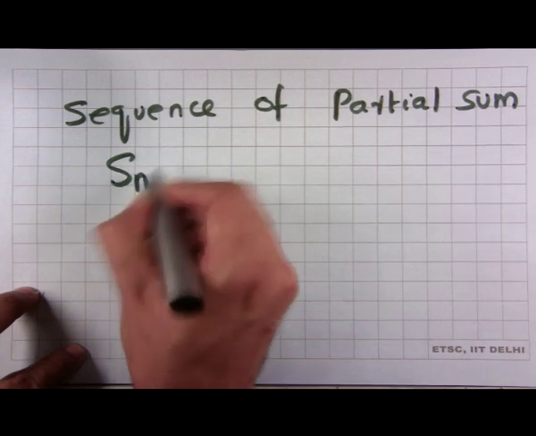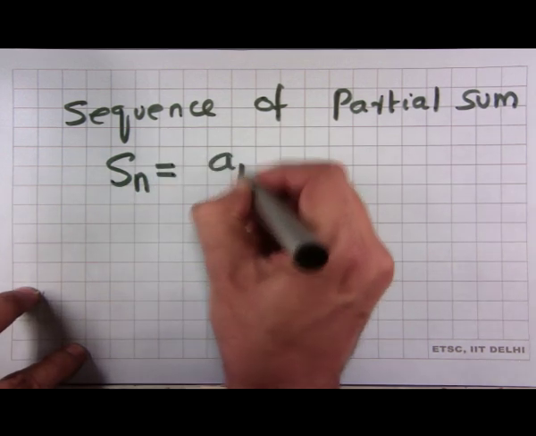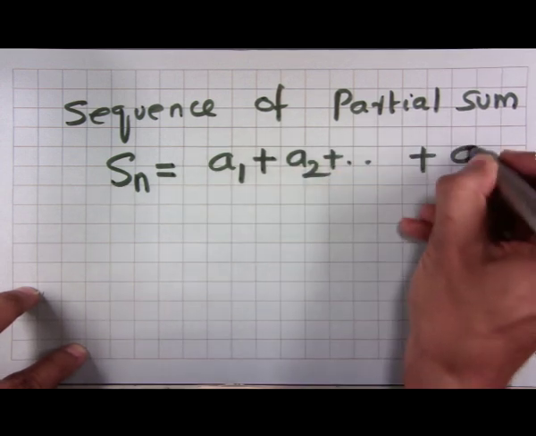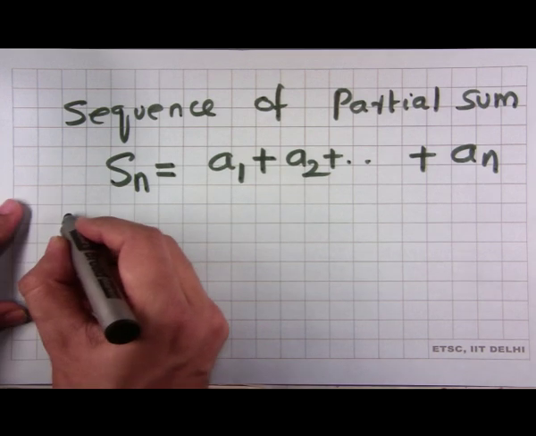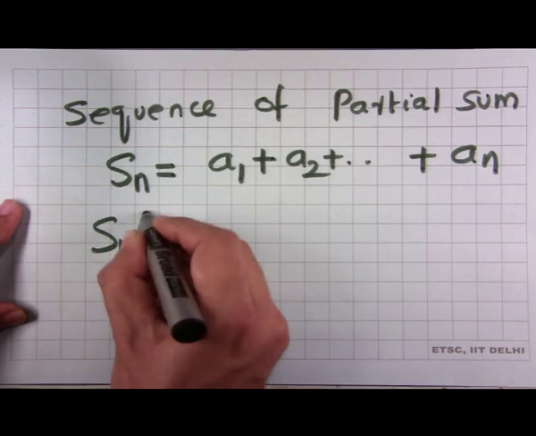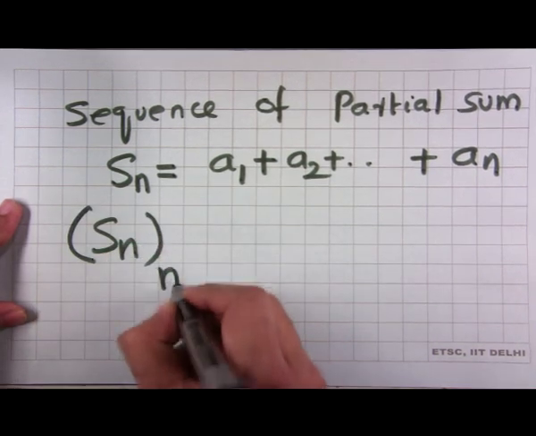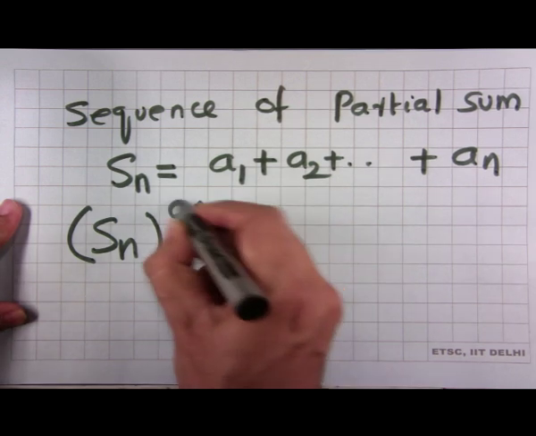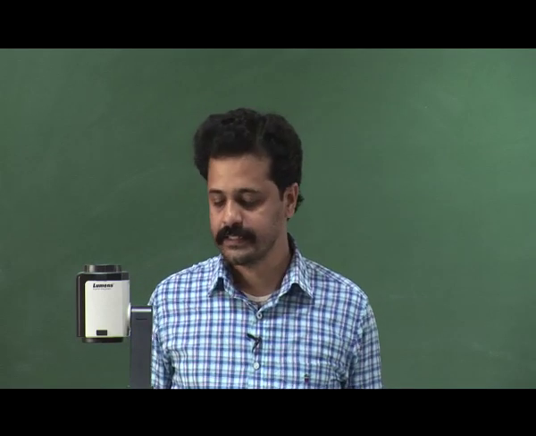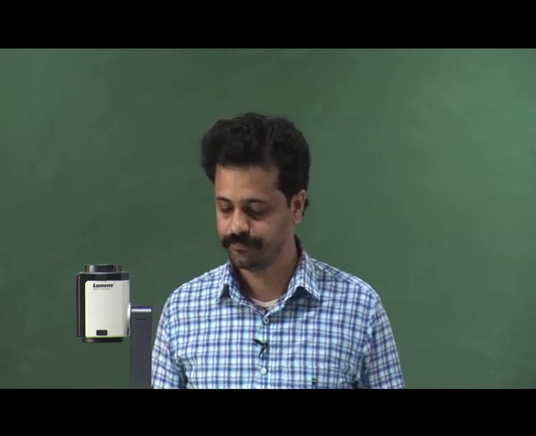S_n is equal to a1 plus a2 plus etc. plus a_n. Thus, we have a new sequence S_n, n equal to 1 to infinity, which originates from the given sequence a_n.